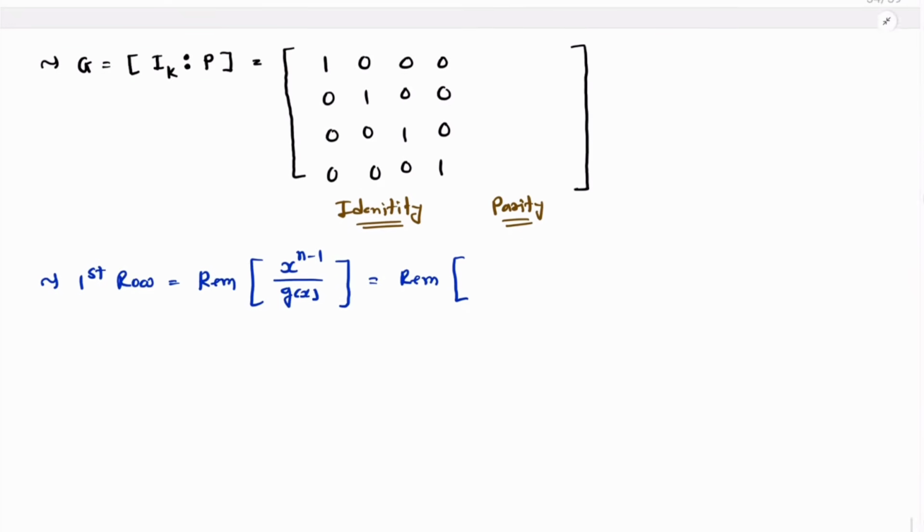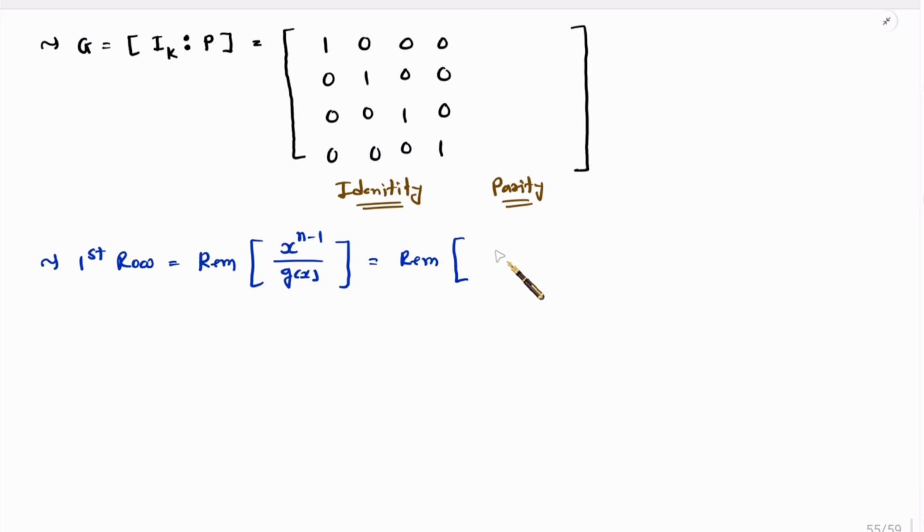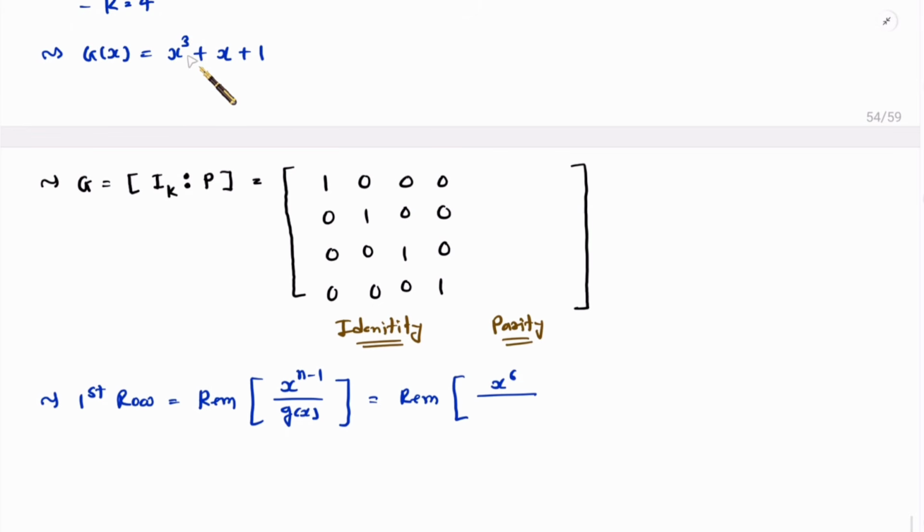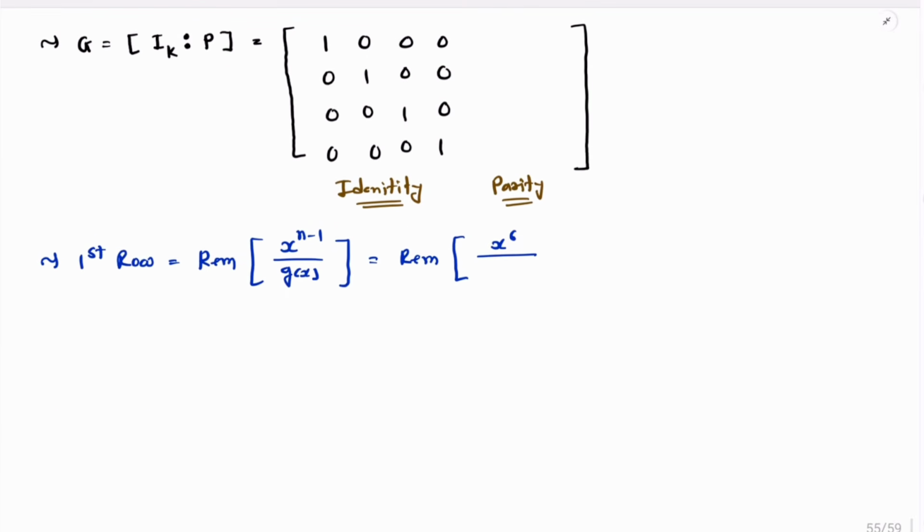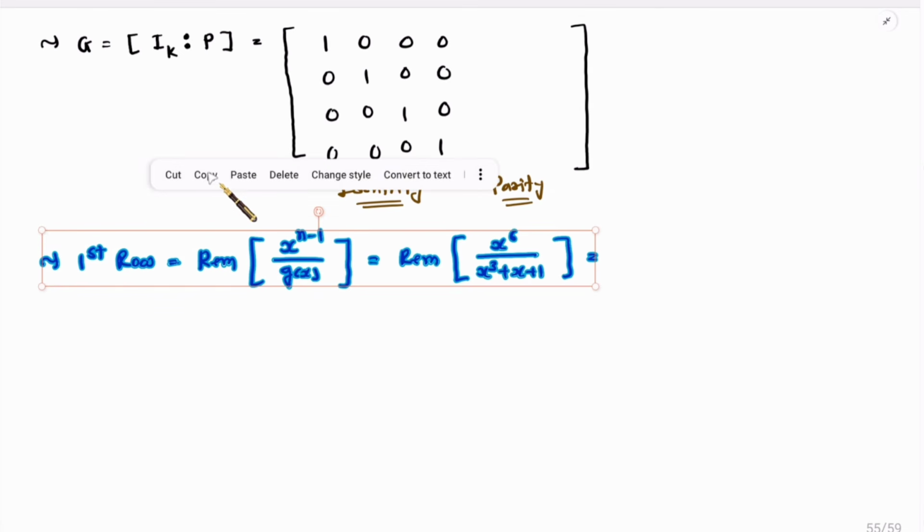So x to the power n minus 1 will be x to the power 6, divided by the generator polynomial x cube plus x plus 1. Here, we need to understand this remainder calculation. Similarly, for the second row, the calculation is the same. The only difference is that x to the power n minus 2 will be there.